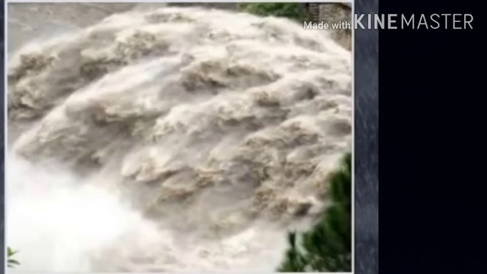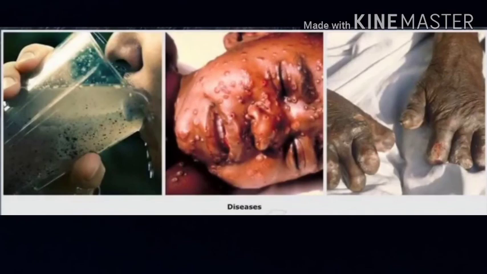When floods or cyclones occur, the flood water automatically mixes with drinking water, which gets polluted and unsafe for drinking. Drinking this polluted water, the poor people contract several diseases like cholera, dysentery, jaundice, etc.